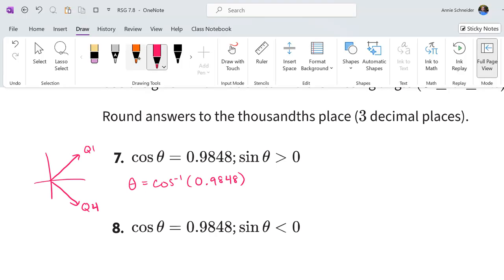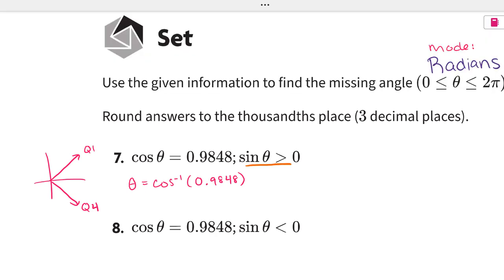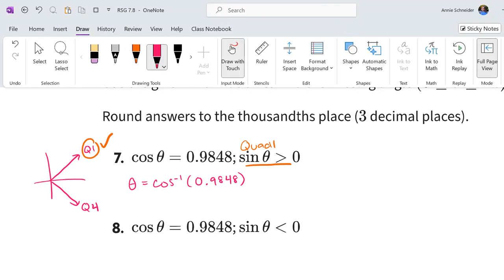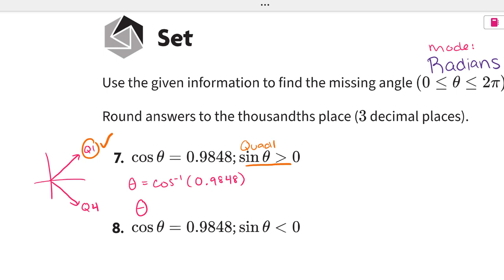But since it tells us that sine of theta is greater than 0, we want quadrant 1. So we won't have to change our answer that our calculator gives us, which is nice. So theta, if we do inverse cosine, and it says 3 decimal places, theta equals about 0.1745. So I'm going to round that up to 0.175.